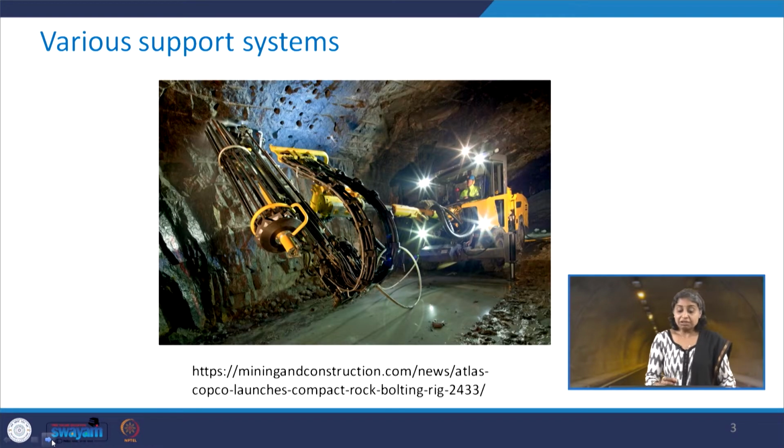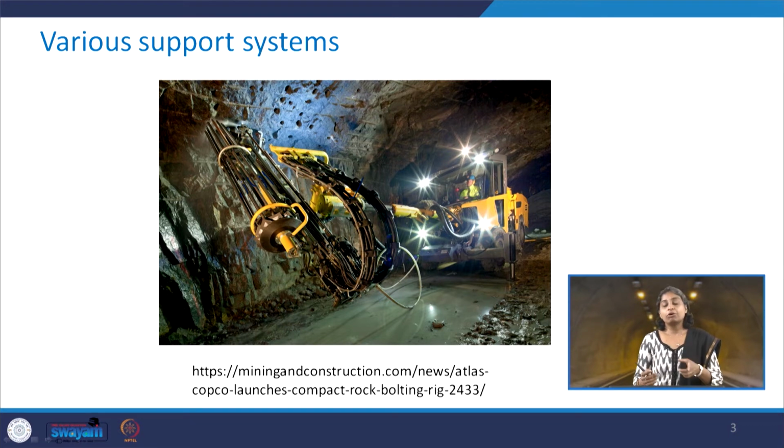The third one is the rock bolts, and here you can see in this picture there is a machine. This is what is called a rig, and you can see that the bolts are there, and the rig goes to the particular area where you want to install the rock bolts, and in this way it can be installed.